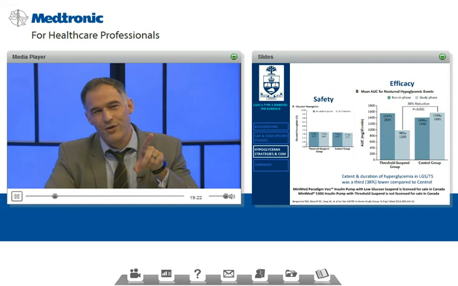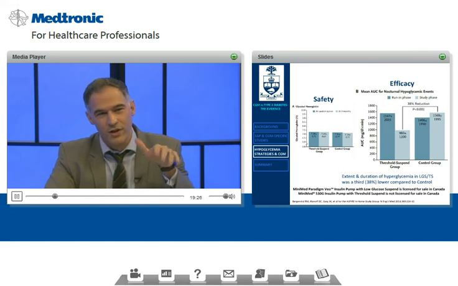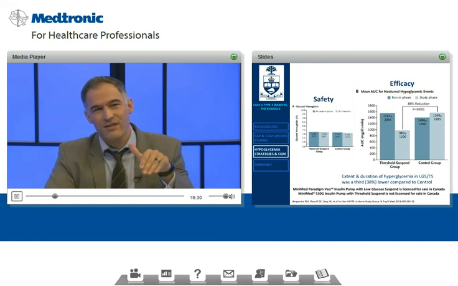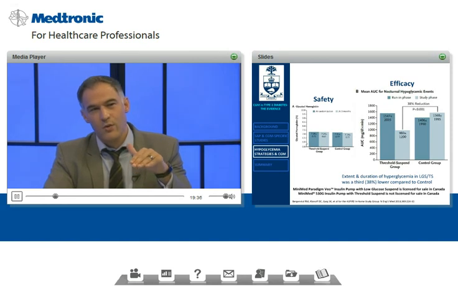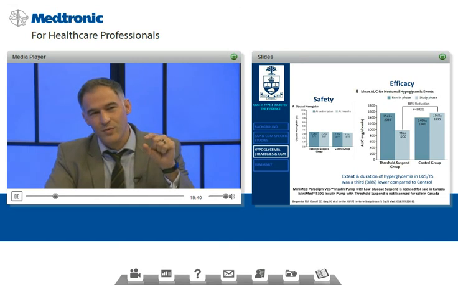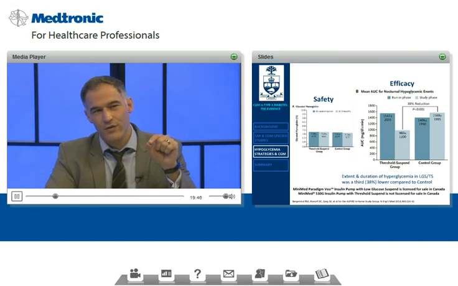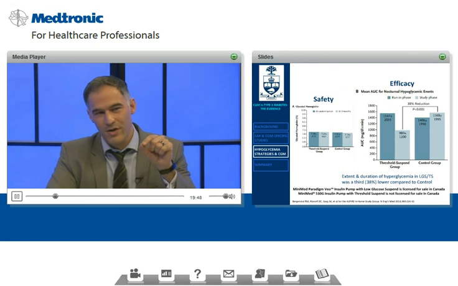What we're seeing here in the threshold suspend group is a mean of about 1,500, same as in the control group. But by the end of the 3 months, the threshold suspend group had a much lower value. It was 980, whereas the control group was up around 1,500. So you could say the difference between the 900 and the 1,500 is about 600. And the area under the curve units are in milligram per deciliter minutes.